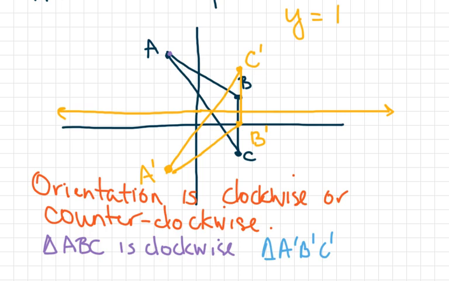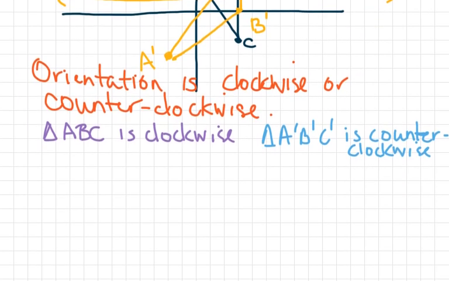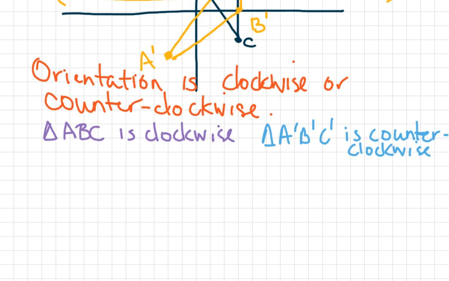So A prime, B prime, C prime is counterclockwise. When this happens, when the image and the pre-image have opposite orientations, there must be a reflection involved.